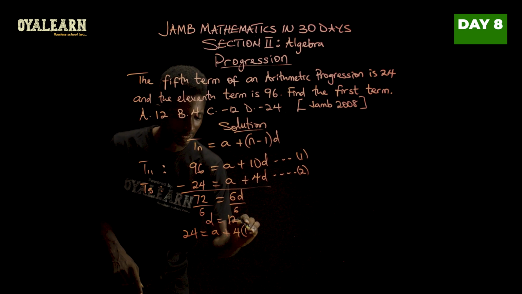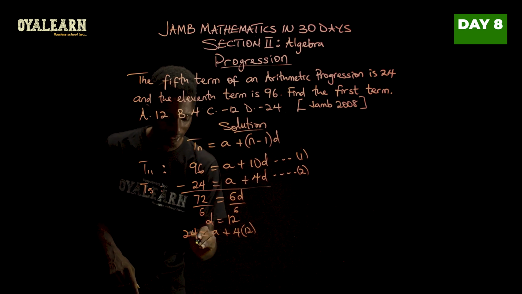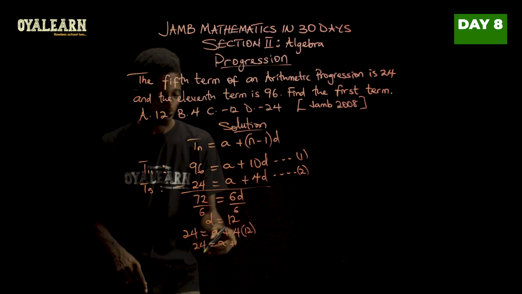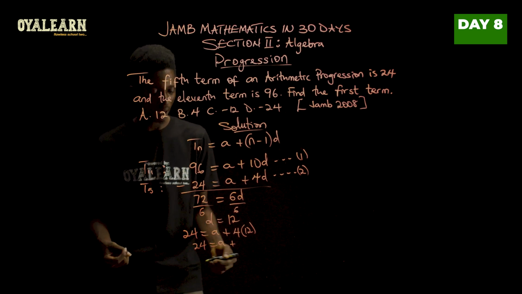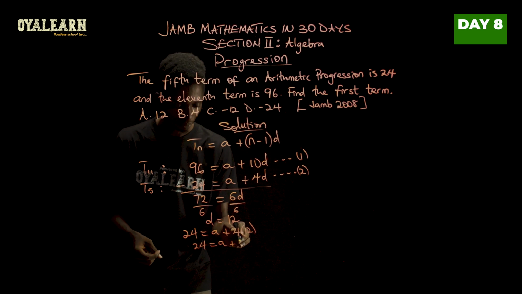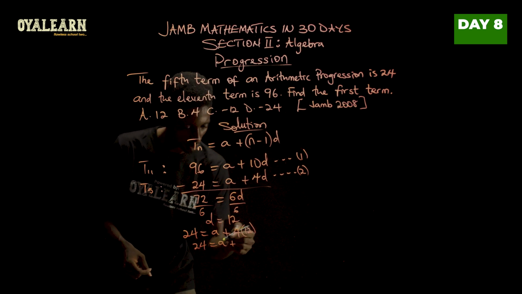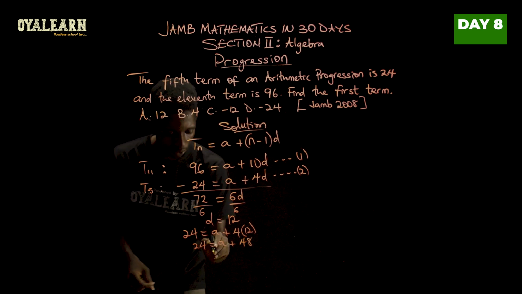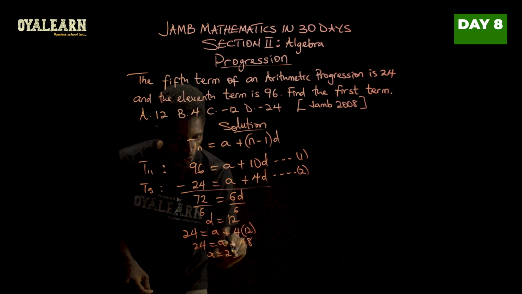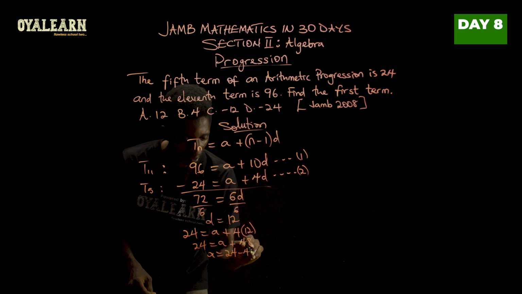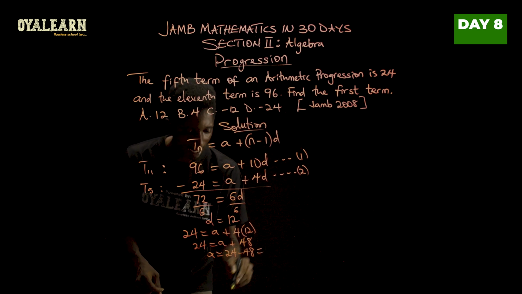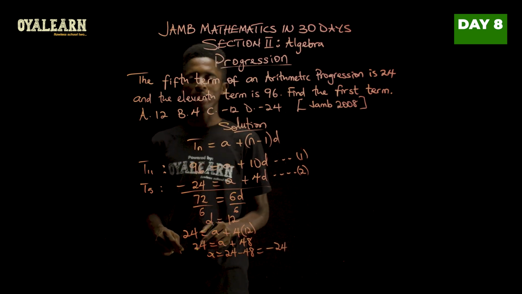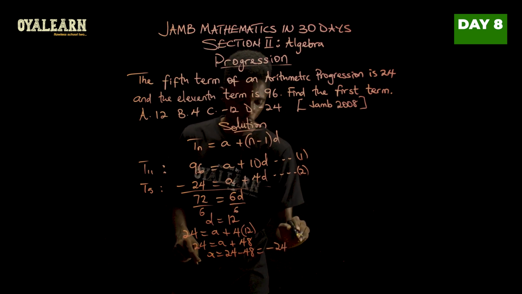Now D is 12, so we can then say 24 equals A plus 4 times 12, that's 48. Now, A would then be 24 minus 48, and this will give us negative 24. So the correct answer is in option D.